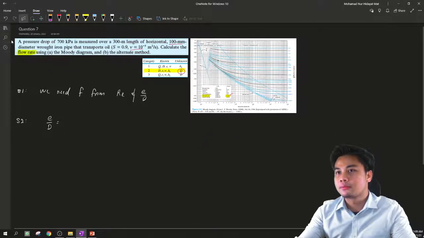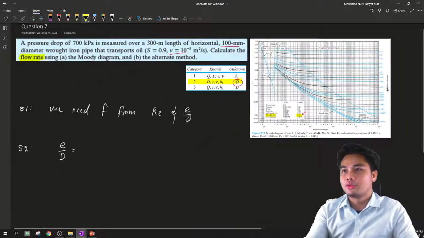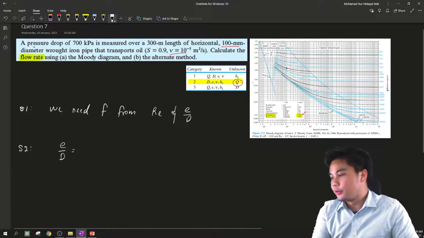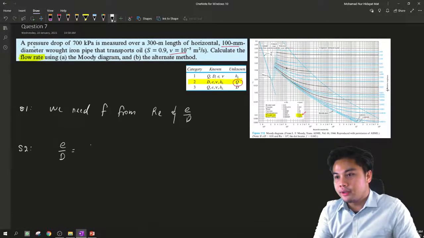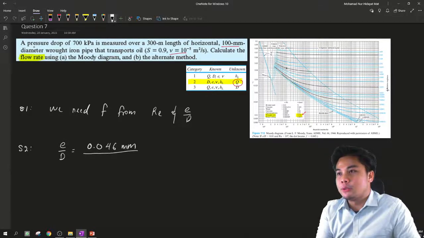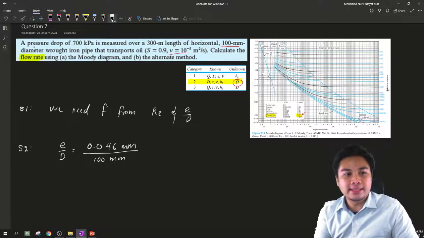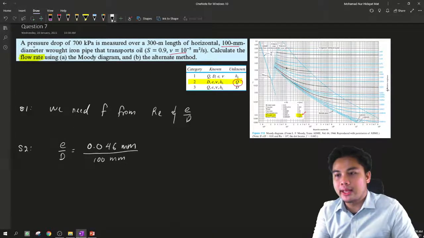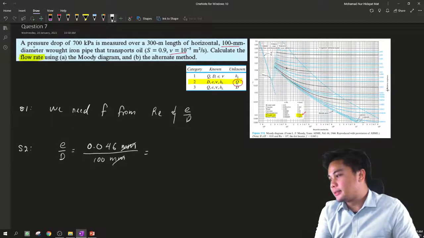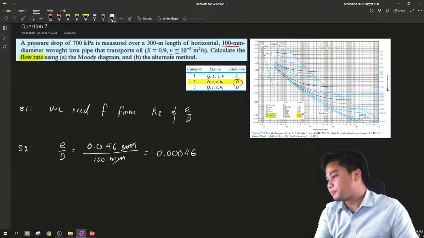Substitute 0.046 millimeter divided by the pipe diameter, which in this case is 100 millimeter. Make sure the units are consistent when you divide length by length. You cancel out and you will get 0.00046. This is the relative roughness.